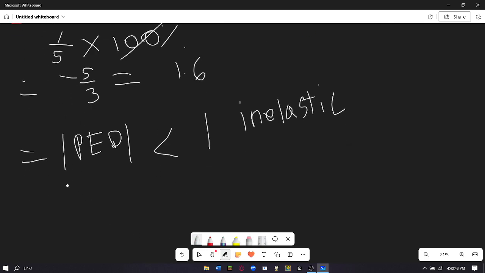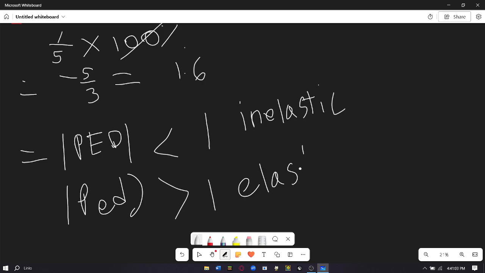And if the absolute value of the PED is greater than 1, then we call it elastic. So in this case, this is an elastic PED because it is greater than 1.